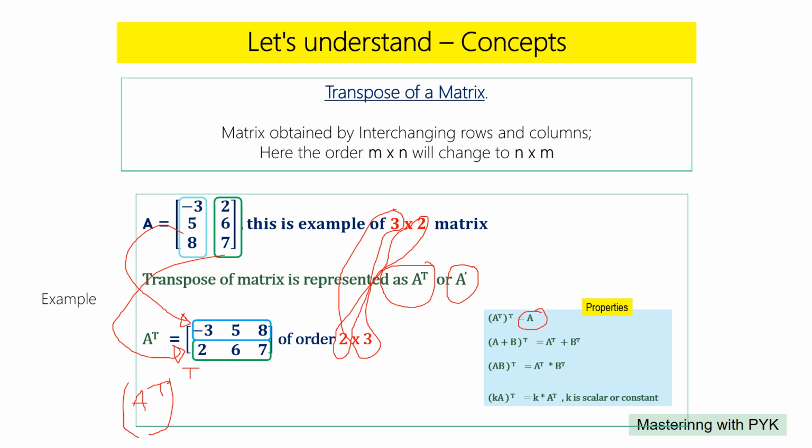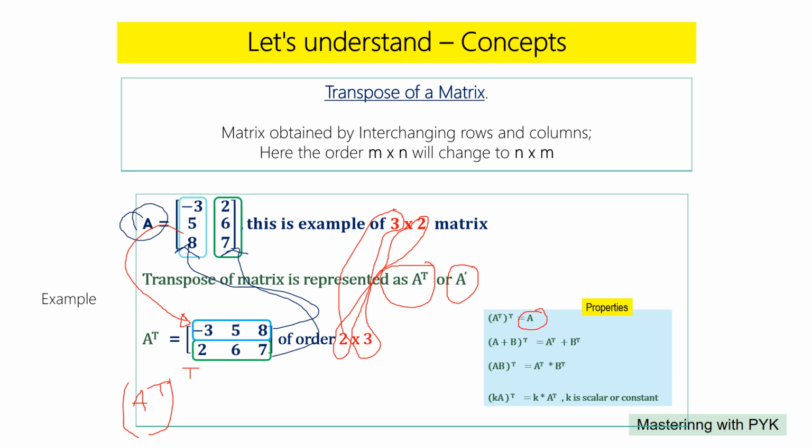The row here would change to column. So the row here changes to column. This row would change to column. So we get back the original matrix, that is A.